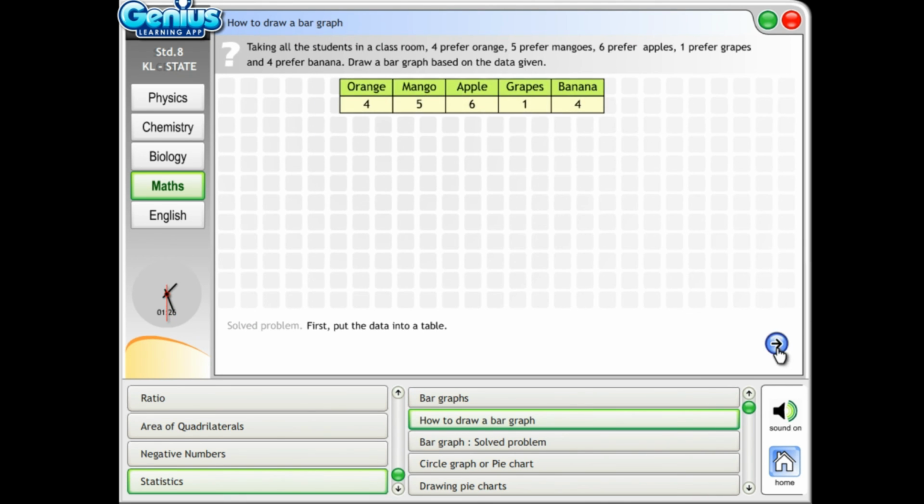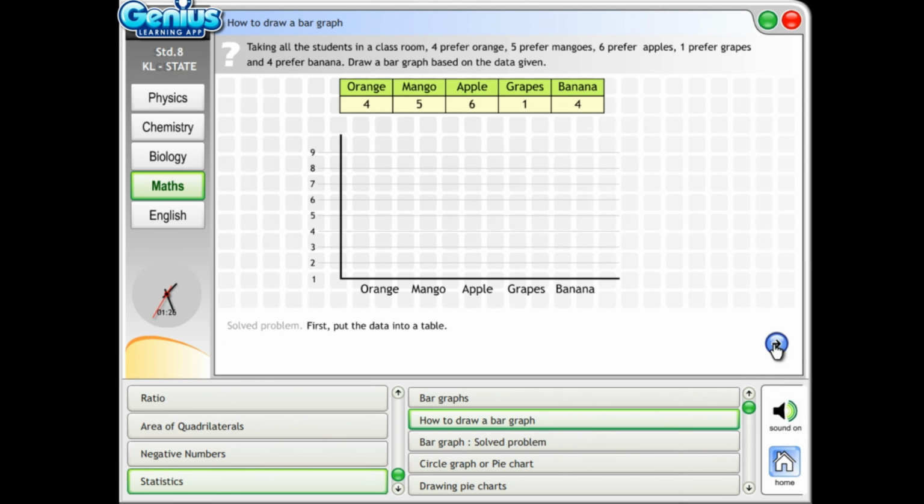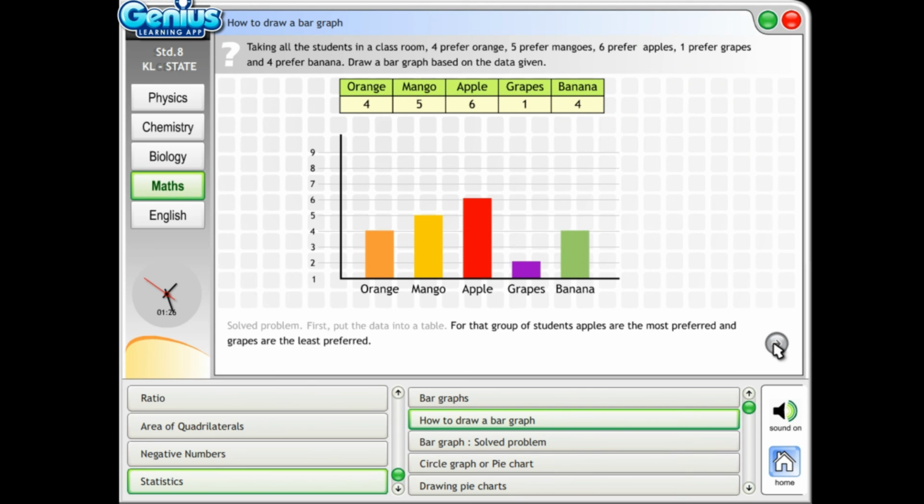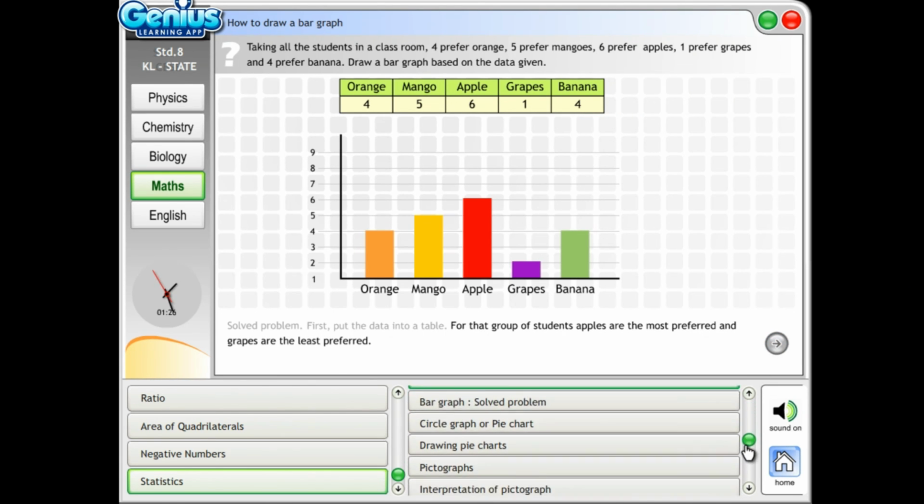First, put the data into a table. For that group of students, apples are the most preferred, and grapes are the least preferred.